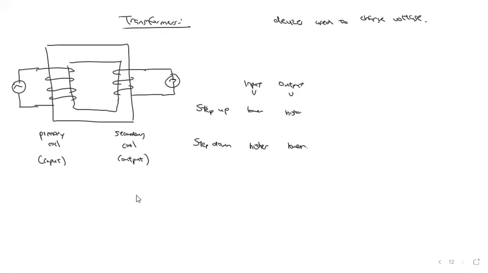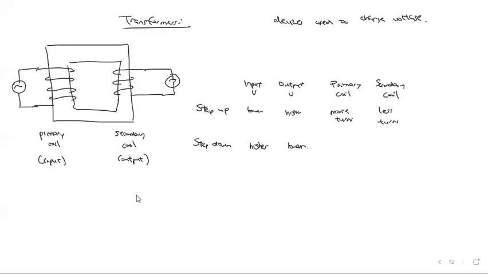So you can think of it as the primary coil will have more turns, the secondary coil will have less turns. Of course, for a step-down transformer, it's the other way around.